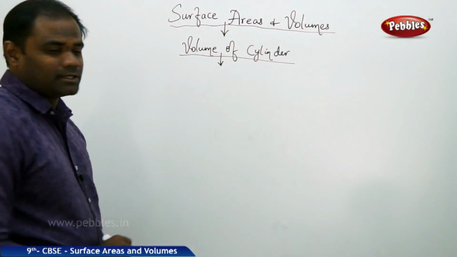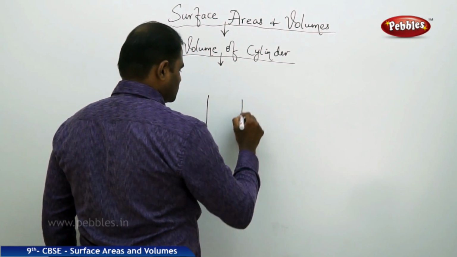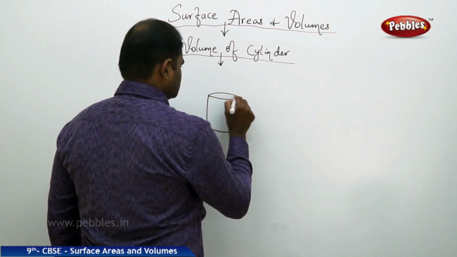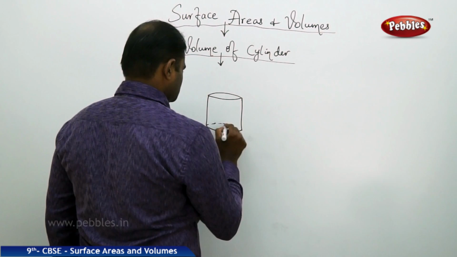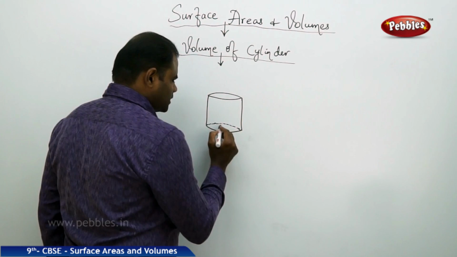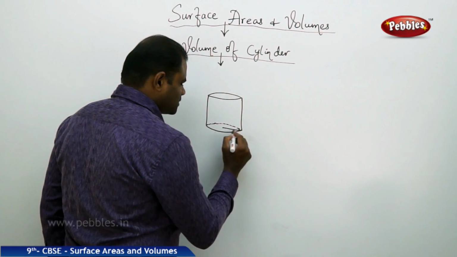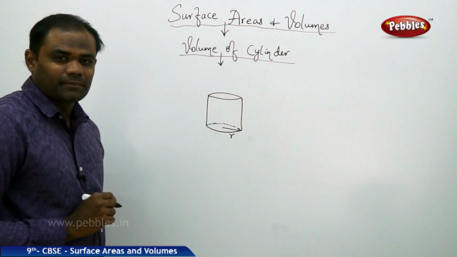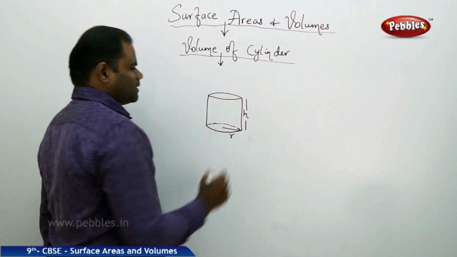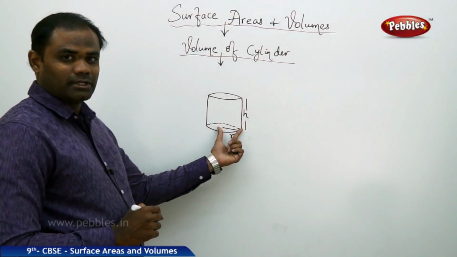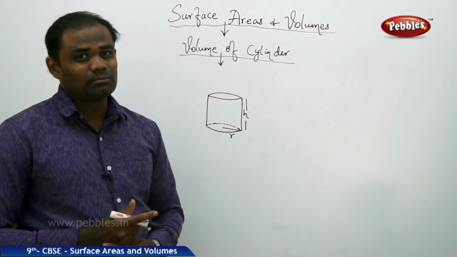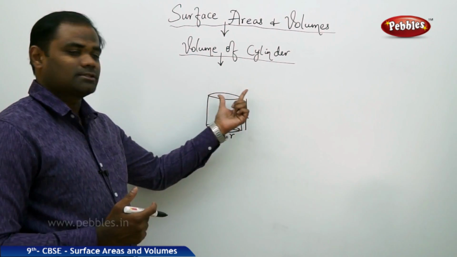We all know that a cylinder is in the shape like this, and we know that for this cylinder we have the radius, which is denoted by r, and the height, which is denoted by h. So here is the radius of the cylinder and here is the height of the cylinder. So let's see what is the volume of a cylinder based on radius and height.